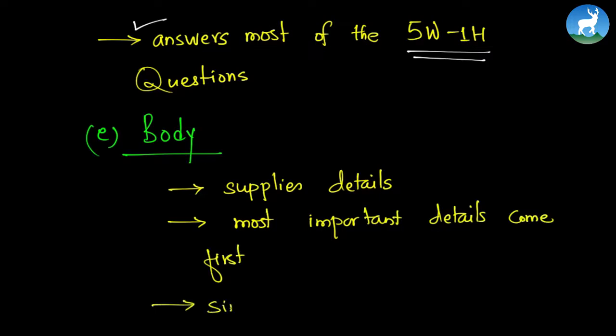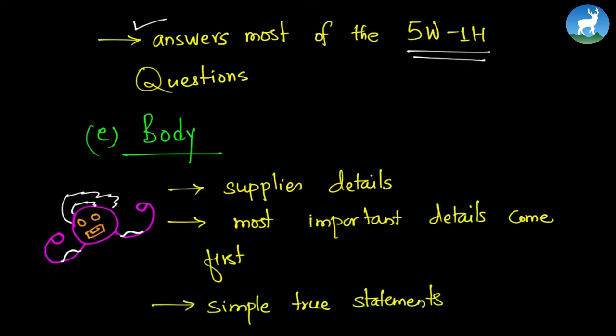Afterwards, simple, true statements are used. So this is the body. We are talking about this body, not that body. The body supplies details, as you can see in the picture. The picture has got some details. So, jokes apart, it supplies details. Most important details come first.